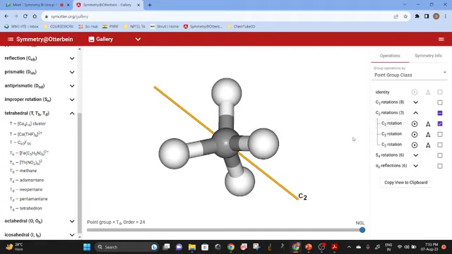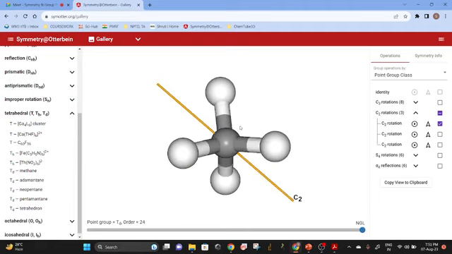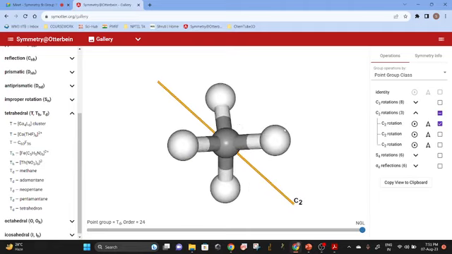One is this one and one is this one. It would have been better if these H's were colored in different colors.